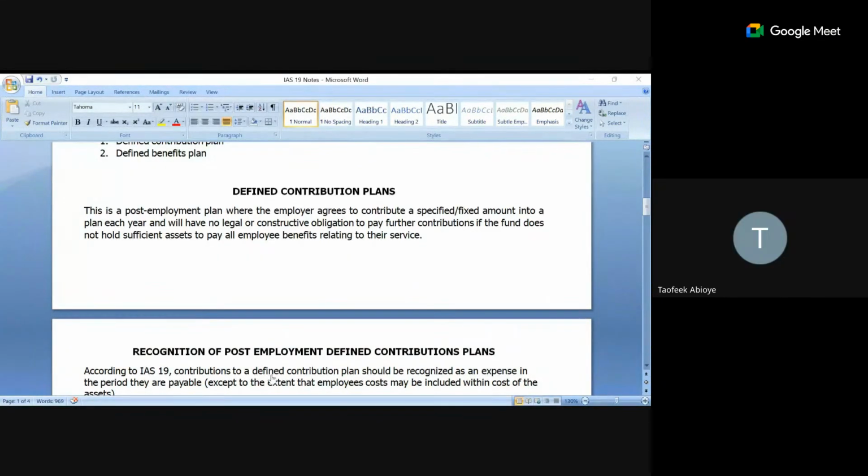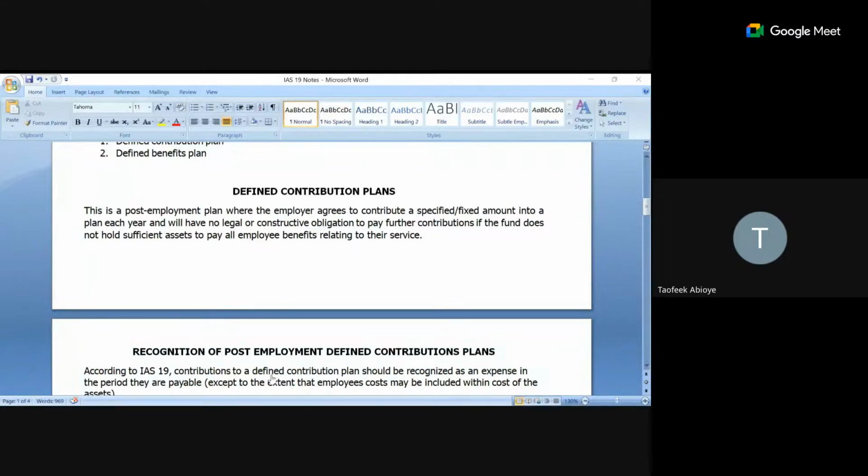They just try their best. They cannot contribute any further. If you look at it, this defined contribution plan is what we are actually using in Nigeria. It's our pension account. The entity just contributes that 10%.